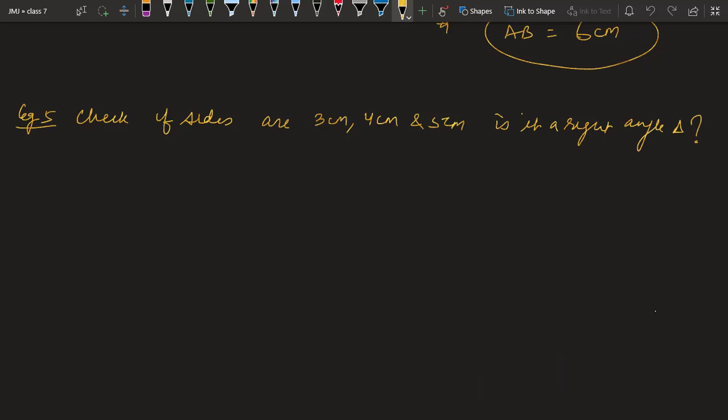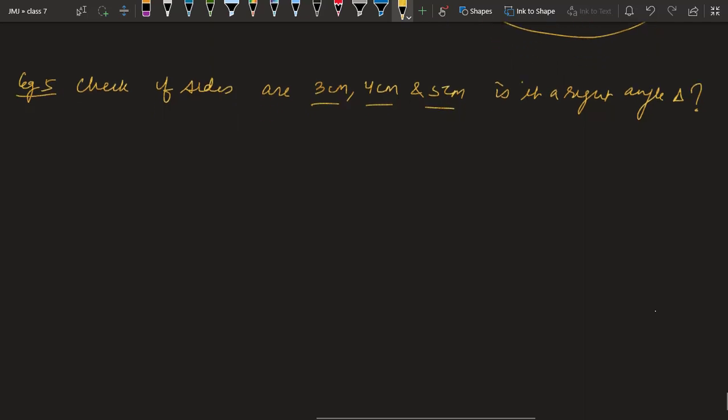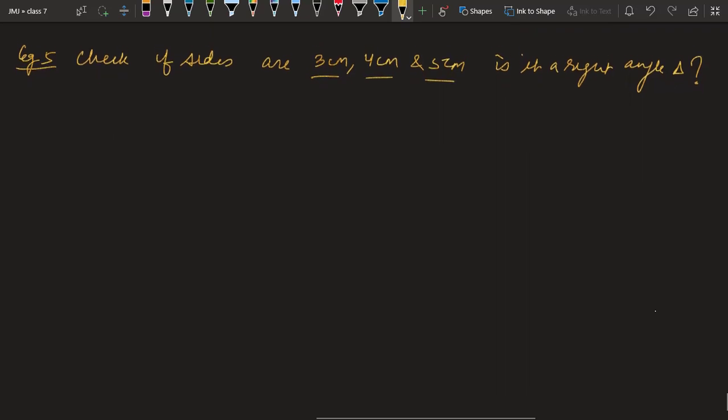Now to check whether 3 sides are sides of a right angle triangle or not, we have only one clue. We all know a right angle triangle follows Pythagoras theorem. So if these 3 sides also satisfy Pythagoras theorem, we can say they are sides of a right angle triangle. So let us write the solution.